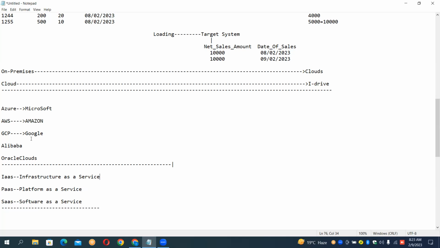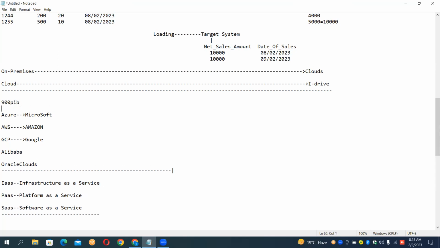Suppose I have around 900 petabytes of data. We have gigabyte, terabyte, and petabyte. 900 petabytes of data is there.